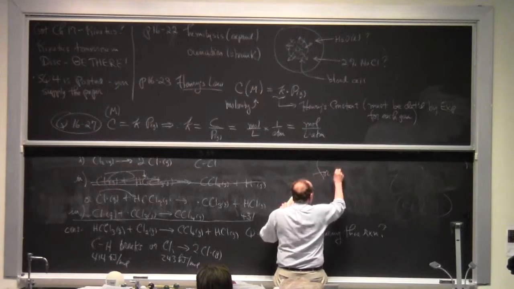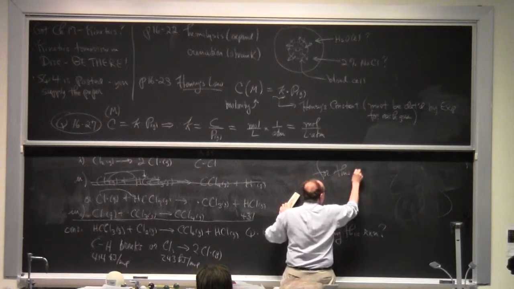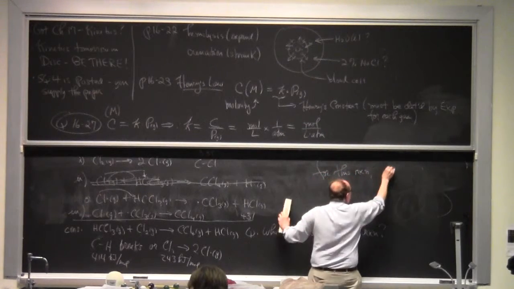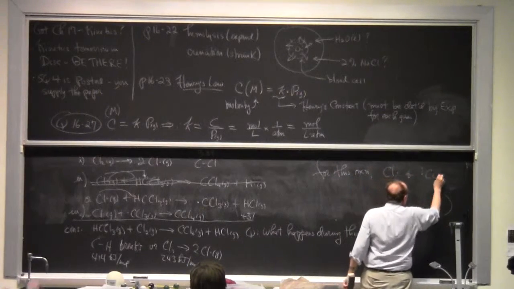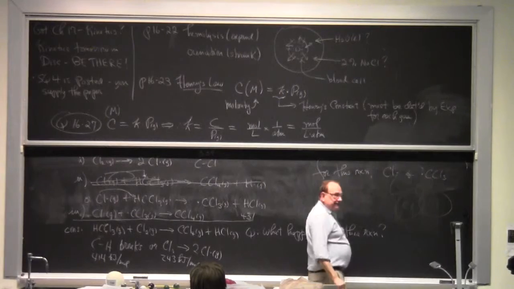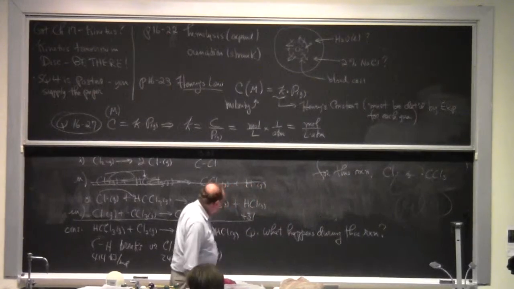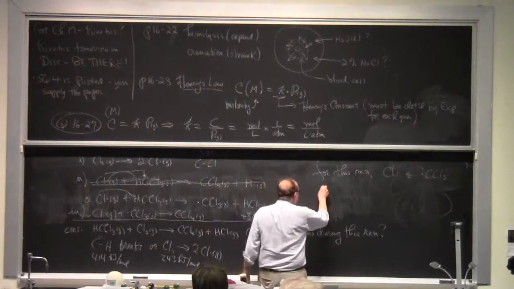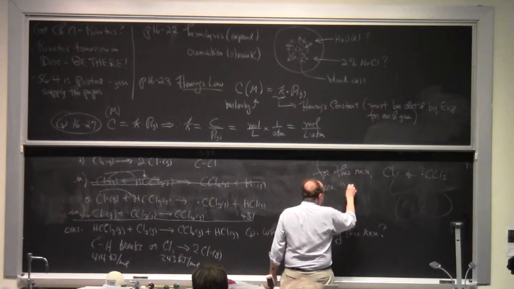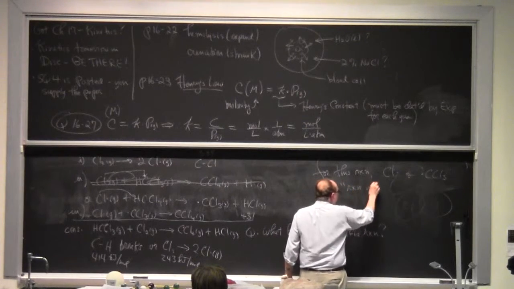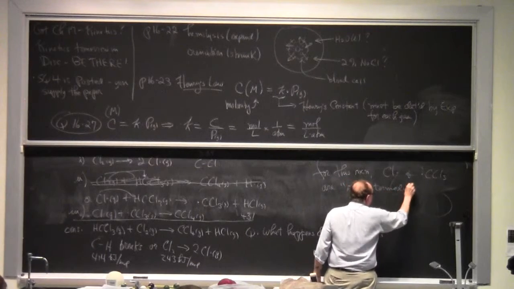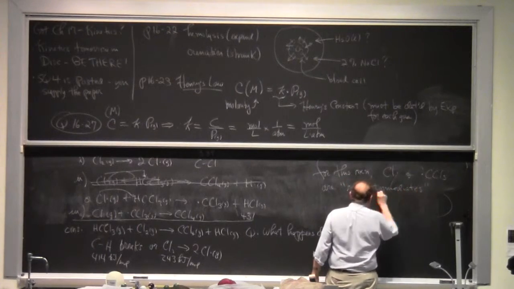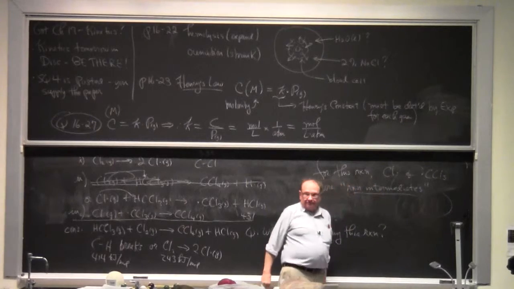For this reaction, Cl dot and dot CCl3 are reaction intermediates.